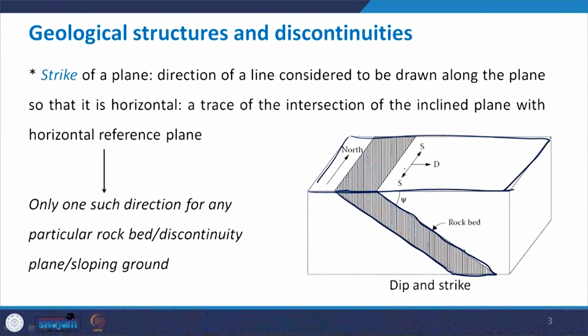That means it is the trace of the intersection of the inclined plane, that is this plane, with the horizontal reference plane, that is this. And you need to keep in mind that there can exist only one direction for any particular rock bed or discontinuity or sloping ground. Therefore, this strike will be unique for any particular plane.